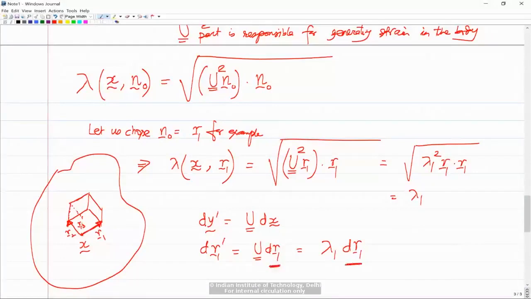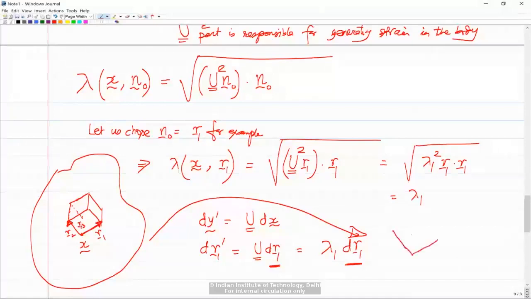Just due to U part, the direction of the line element does not change. If the line element is directed along the eigenvectors of U, then those line elements do not change their direction. They are simply getting stretched by the corresponding eigenvalue. So that means the cuboid remains oriented in the same way.